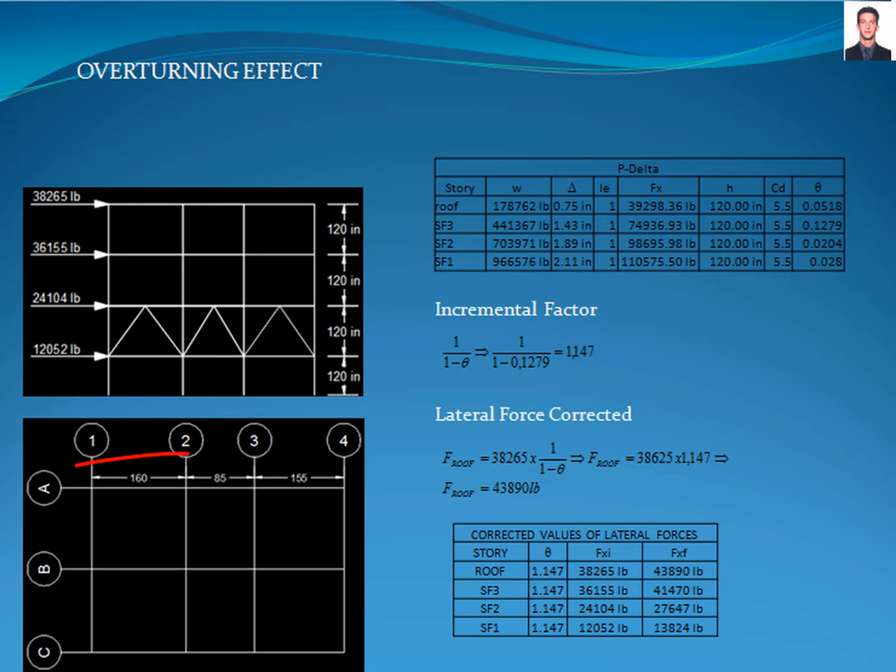We are going to analyze frame A. The dimensions of the columns of frame A are corner columns 12 by 12 inches and border columns 12 by 14 inches. The first thing that we're going to do is calculate the incremental factor as requested in section 12.8.7 of the American Society of Civil Engineers standard, which we multiply by each lateral load of each level.